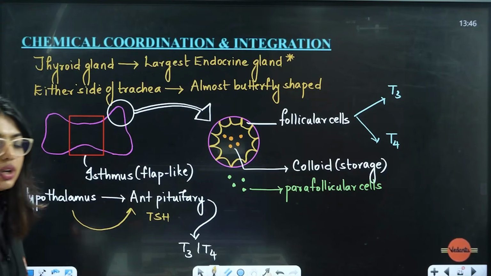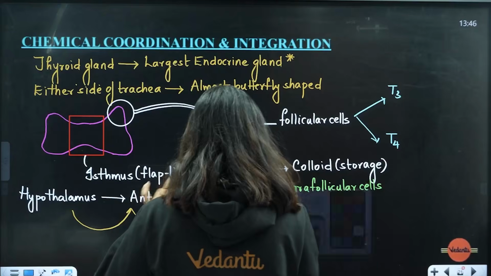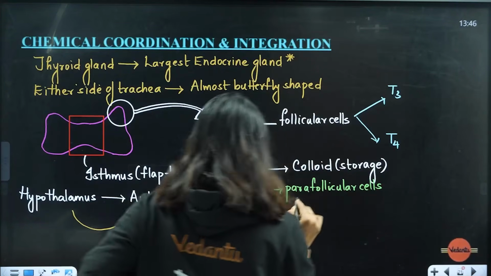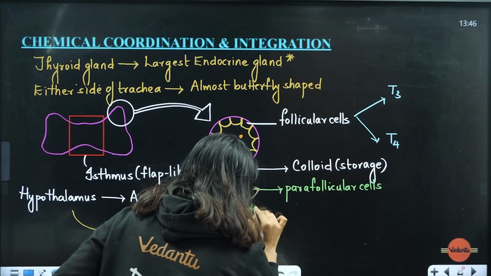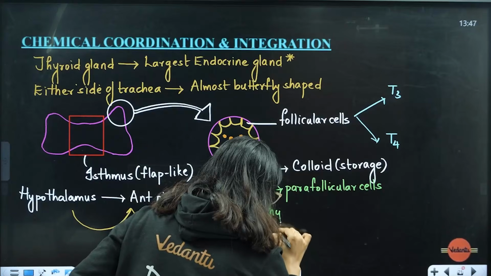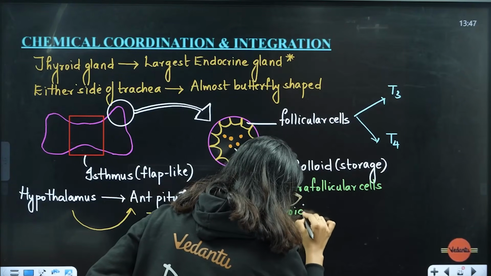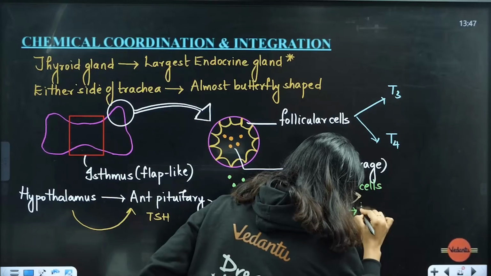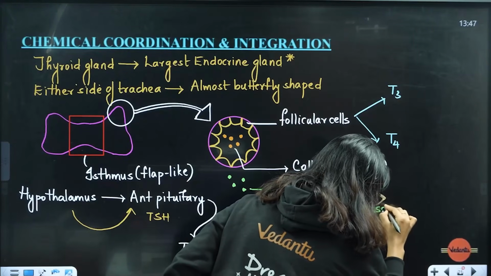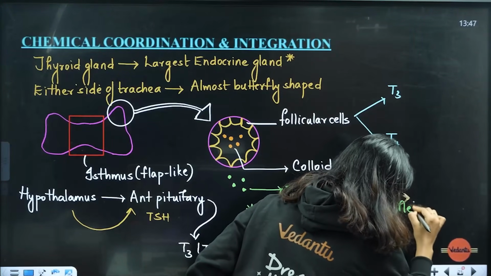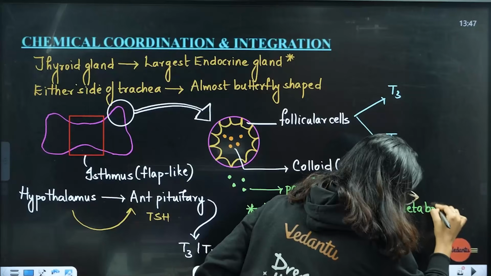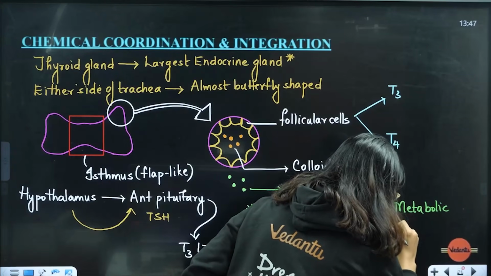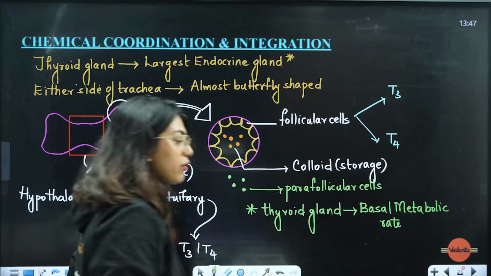One question will come. What is the main function of the thyroid gland? Remember, the main function of the thyroid hormone is the basal metabolic rate. Basal metabolic rate will become less, students, if the thyroid hormone is not performing properly.